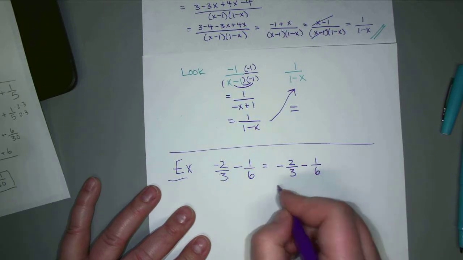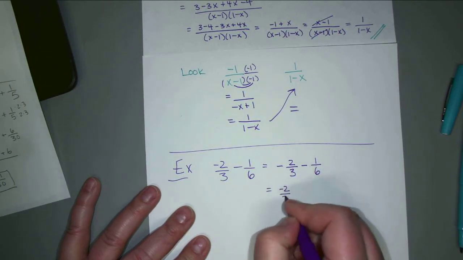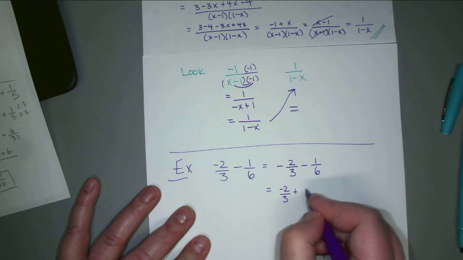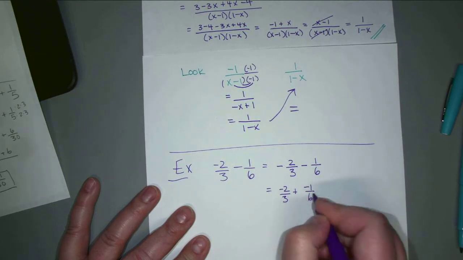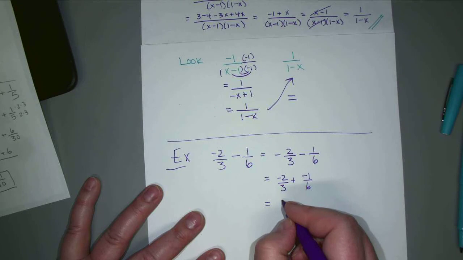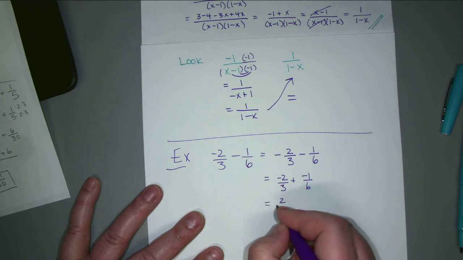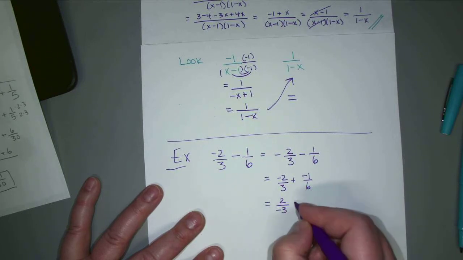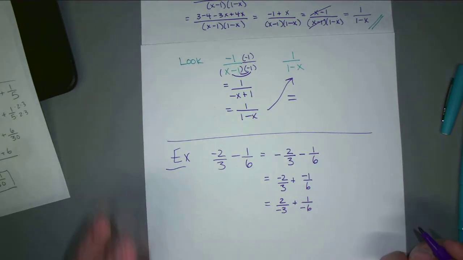But that is saying the same thing as minus 2/3 plus a minus 1 over 6. Those are the same still. You wouldn't write it this way. You wouldn't normally see it that way, but it's still the same thing.